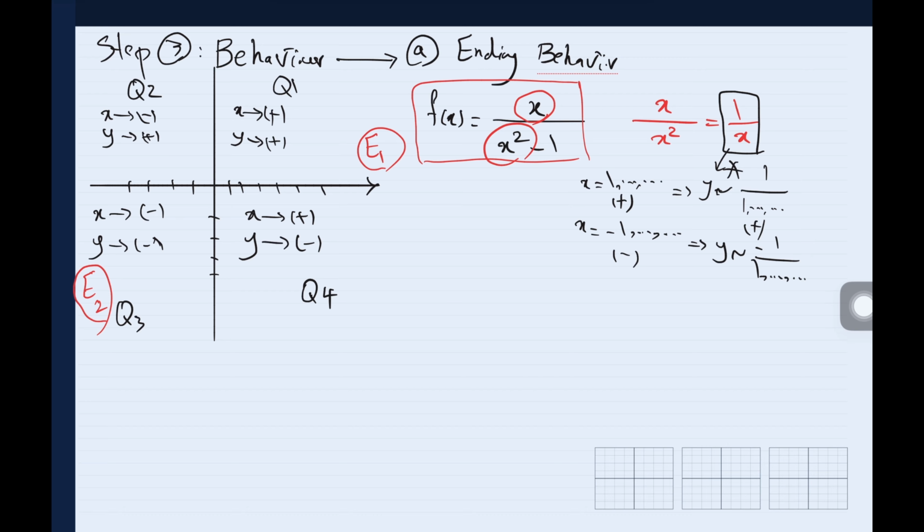And the other thing, the second type of behavior we have to know in this case is behavior around the asymptotes.